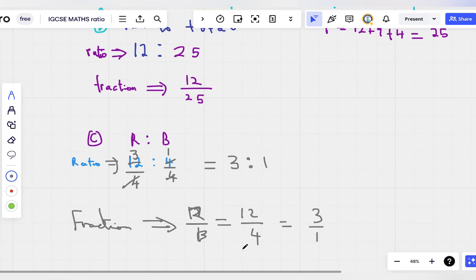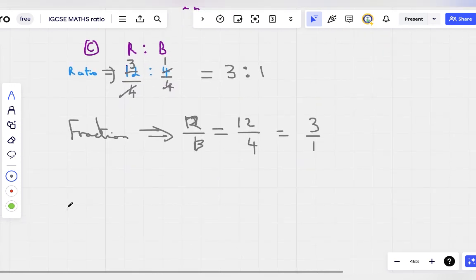The fourth part of the question, D: what's the ratio of blue cars to red? Blue to red. What is the ratio of blue cars to red cars? It was red to blue just now, right?